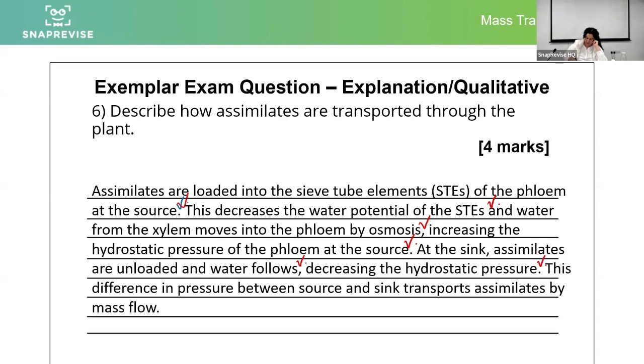The fact that I've got increased hydrostatic pressure at the source and decreased hydrostatic pressure at the sink means that this difference in pressure between source and sink transports assimilates by mass flow. This difference here also gets a mark. So it's basically the net difference in hydrostatic pressure between source and sink that drives mass flow.